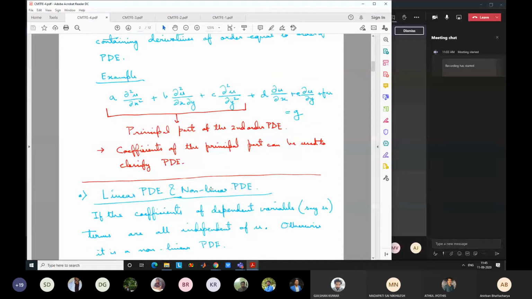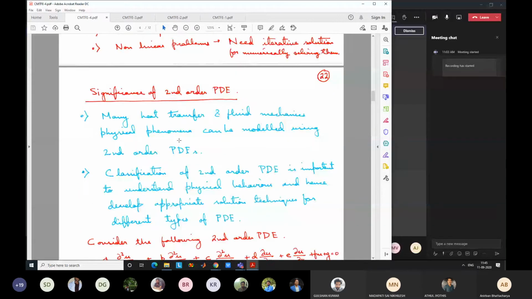This type of second order PDE is very important for us because most of the heat transfer and fluid mechanics physical phenomena that we encounter in life, like a heat conduction problem, a convection diffusion problem, a species diffusion problem like a combustion problem, or a turbulence problem, or a fluid flow problem, flow through a channel, flow over an aerofoil structure, all these problems are governed by this sort of second order PDEs, or they can be closely approximated.